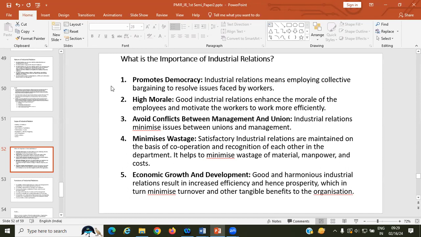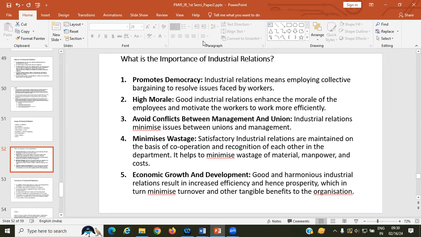And if you have the solution in hand, most of the times the laborers, the workers, or the employers who have the problem resolve that issue, or the union gets into the issues and helps to avoid that conflict.